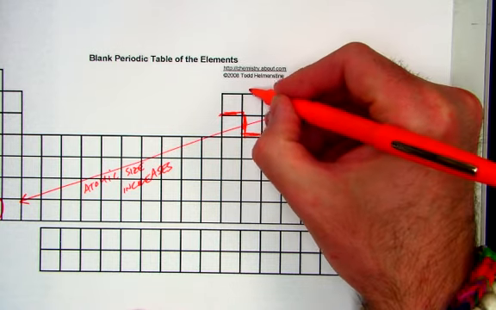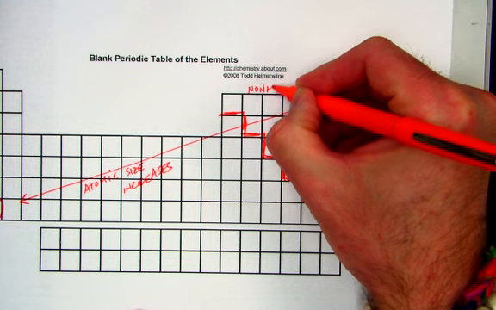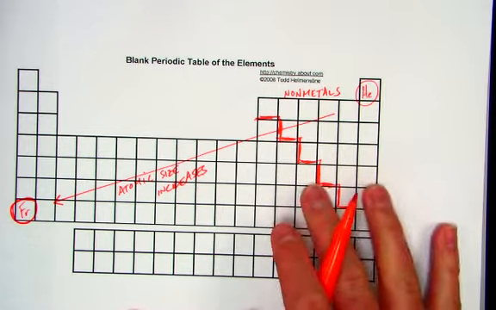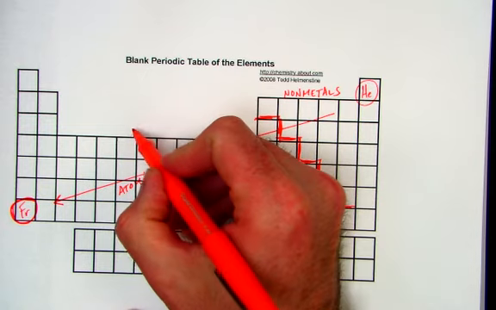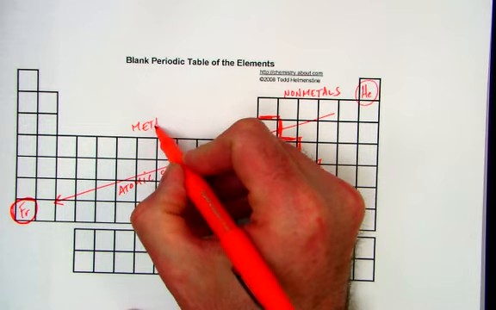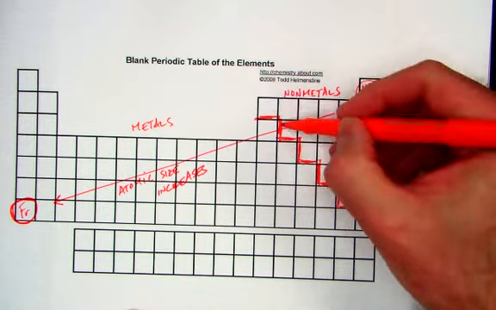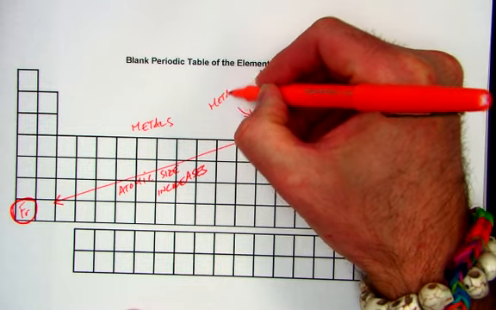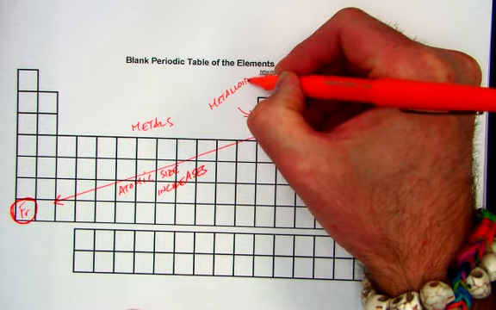Your nonmetals are going to be up here, and your metals are basically everything to the left of the staircase. Along the staircase, you have metalloids, which have characteristics of both metals and nonmetals.